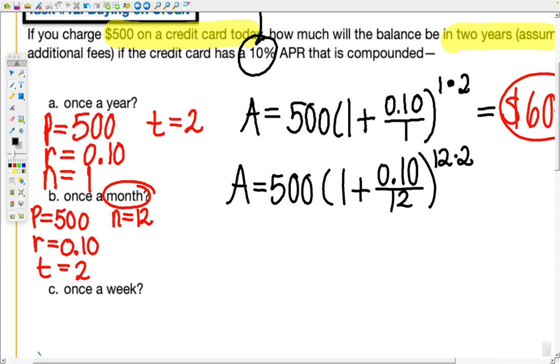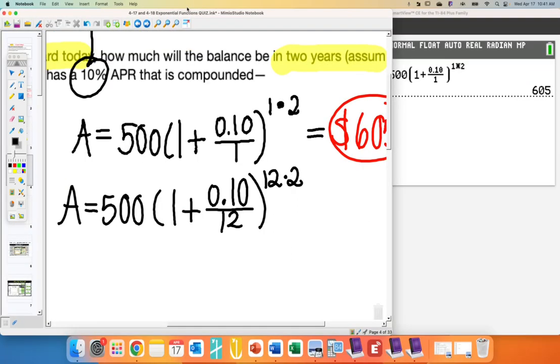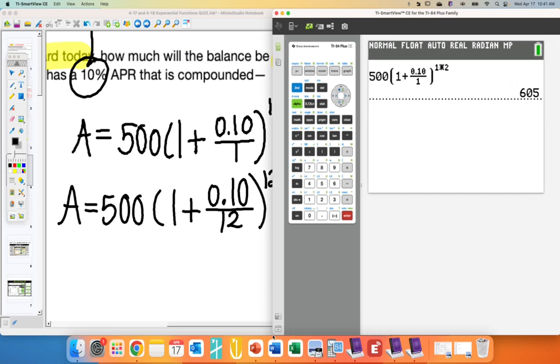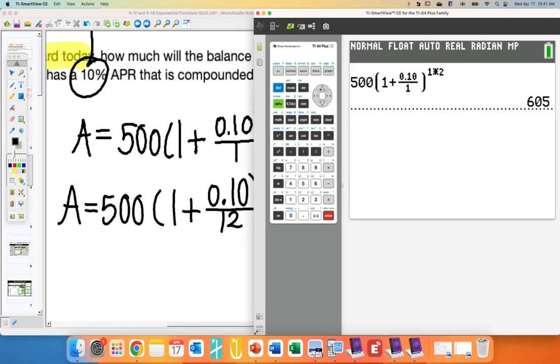Okay, y'all, you want to know a shortcut, so you don't keep typing the formula on your calculator? You know how there's copy paste on your computer and on your phone? If you go up here and select what you typed in before and then press enter, it copies and pastes it.